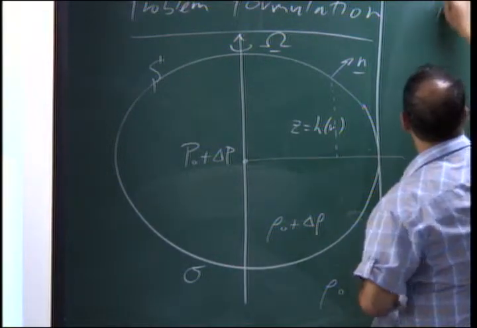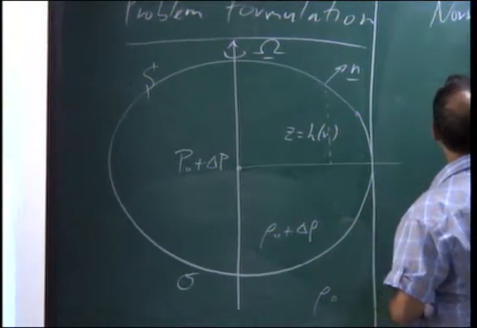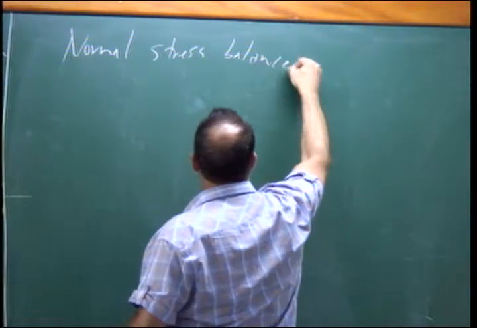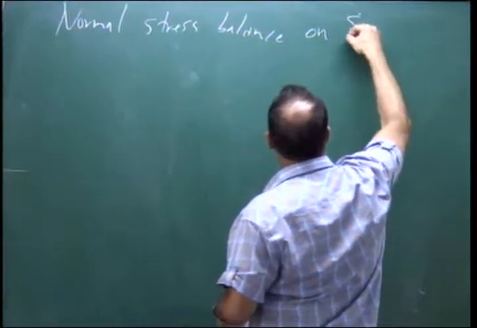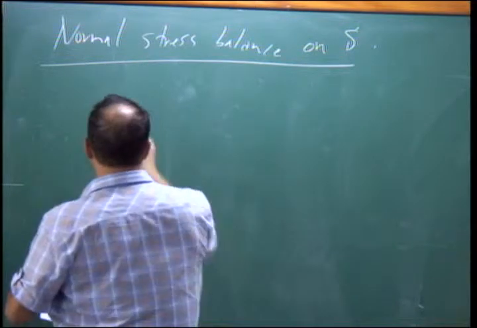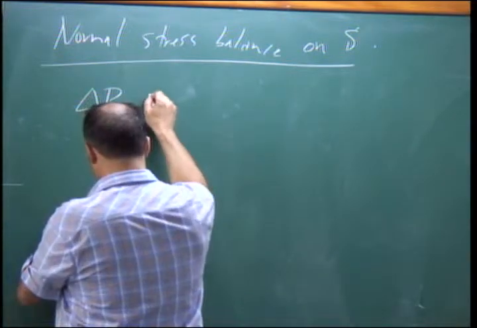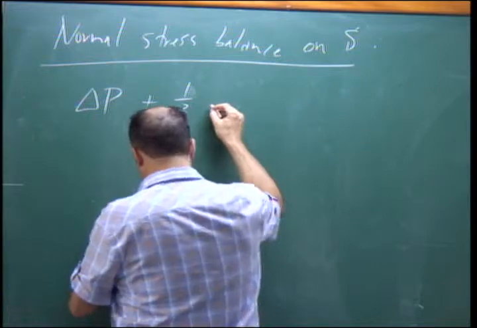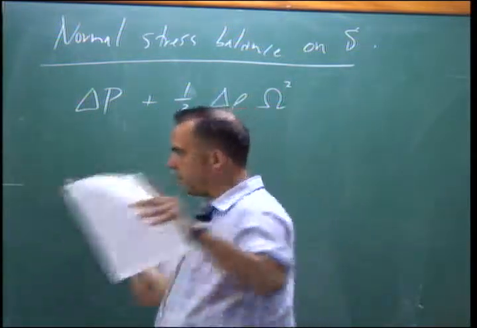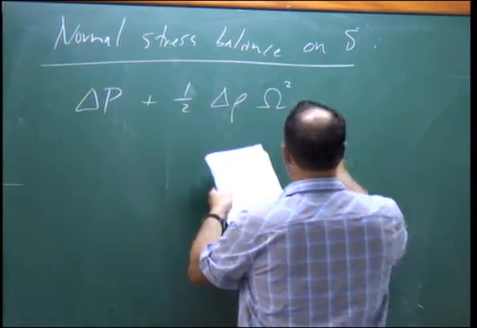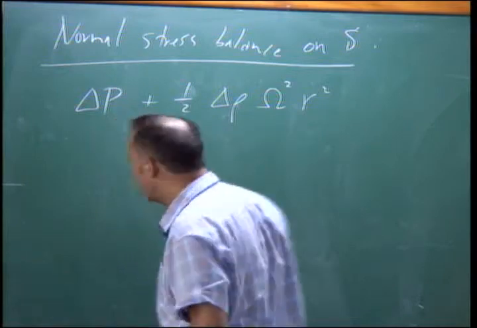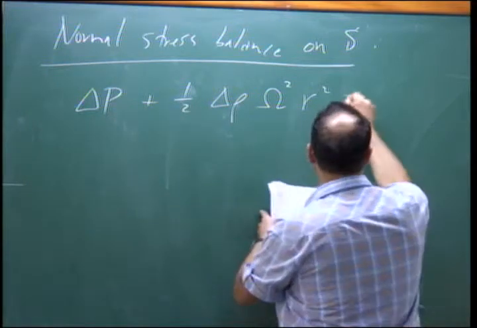So the normal stress balance, so we have the curvature pressure balancing the dynamic pressure, so the whole system is rotating. So it's only the density difference that contributes to the centripetal pressure difference.